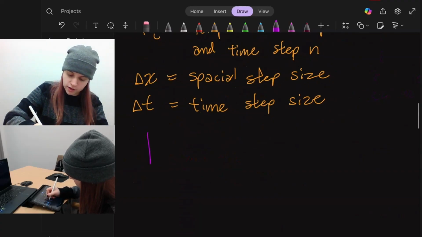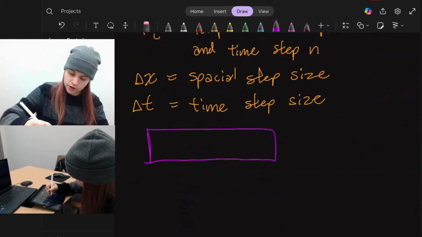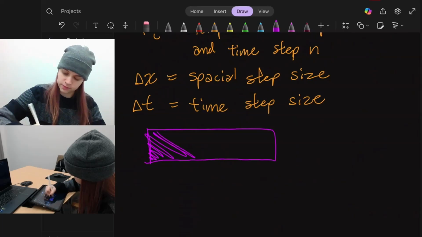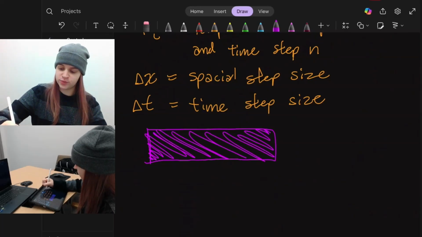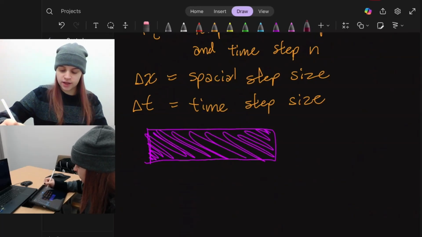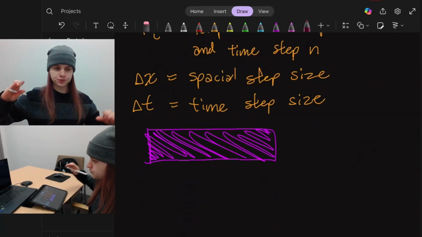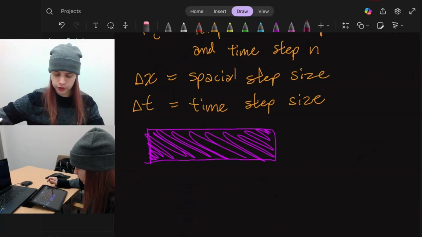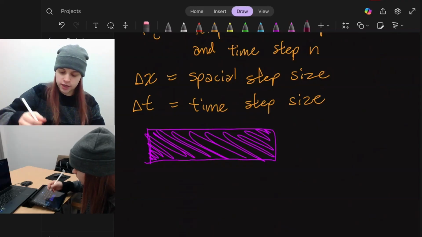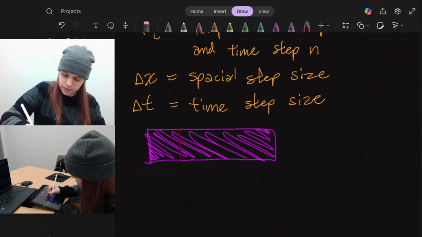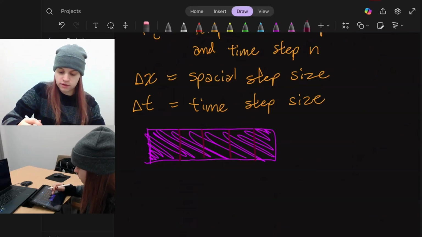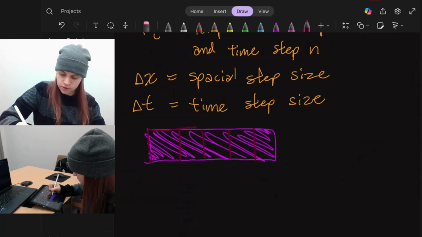So if we look at a more simplified kind of bar, I'm not going to make it super detailed, but we have a straight bar that we're dealing with, and we are looking at these different spots in it.